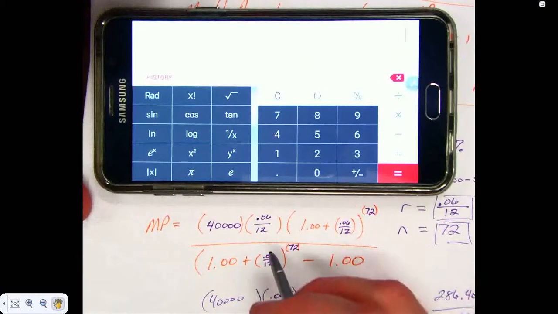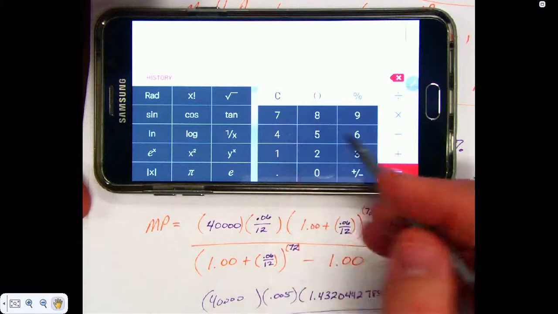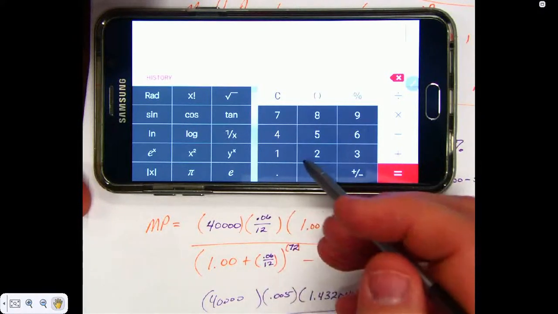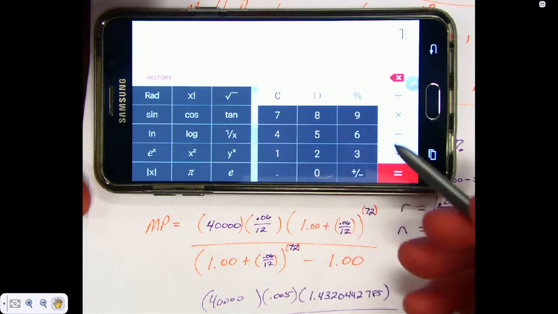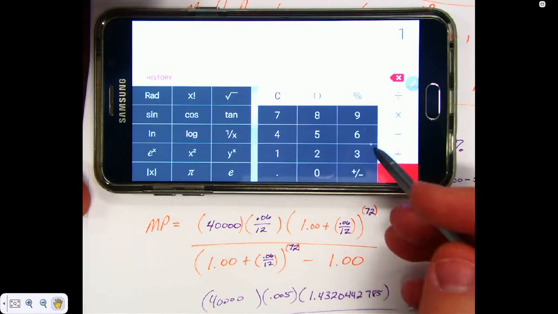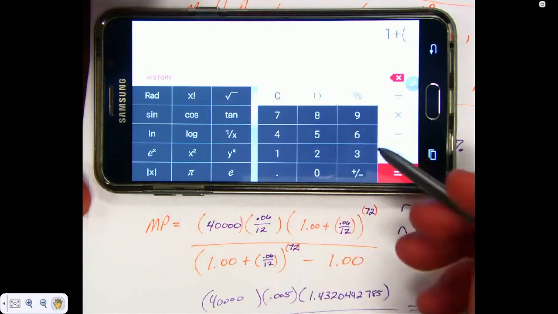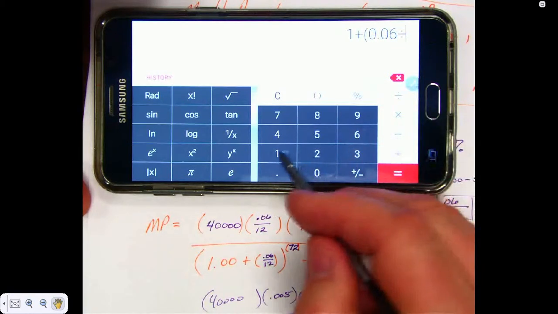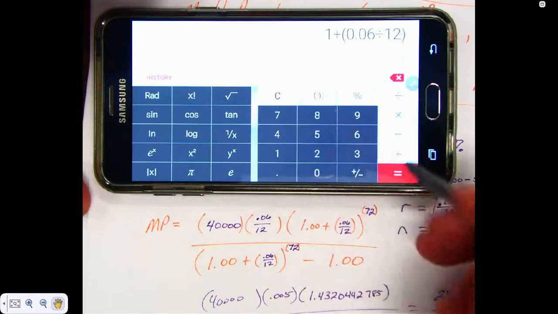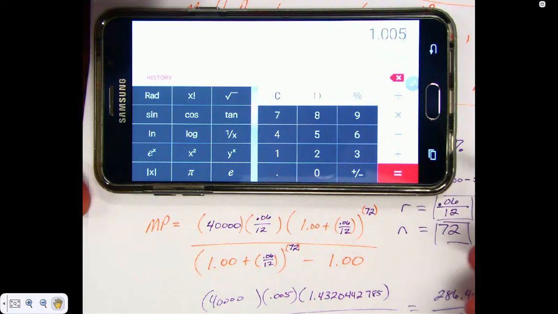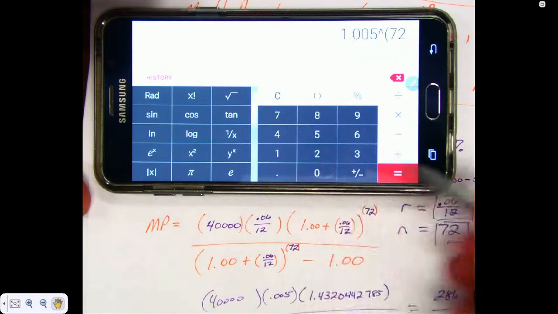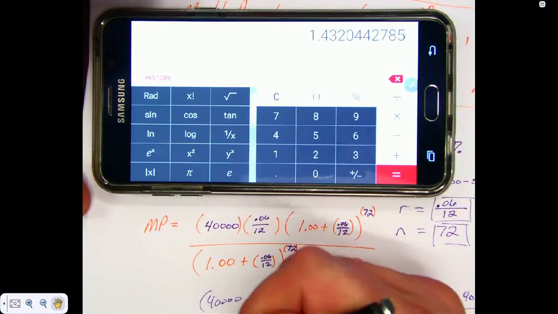Okay, how you could do this either in one step or you could figure out all the top. You could just figure this number out, do what we did before, which I would go 1 plus parentheses 0.06 divided by 12, close parentheses, and that. Then I'd take that to the what? 72nd power equals that.